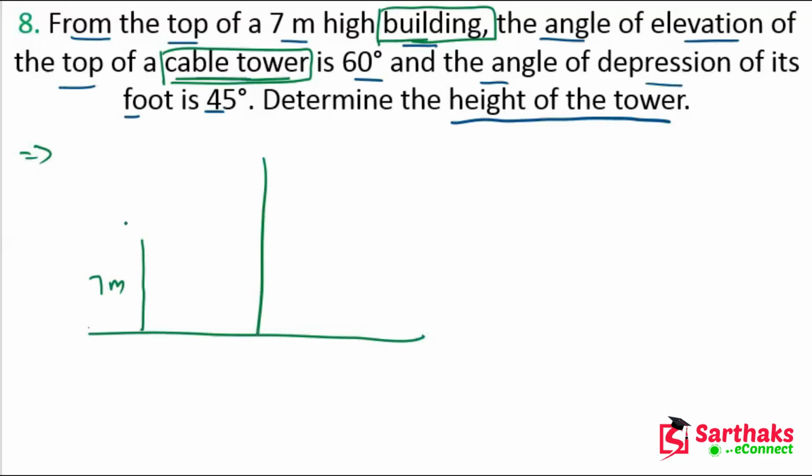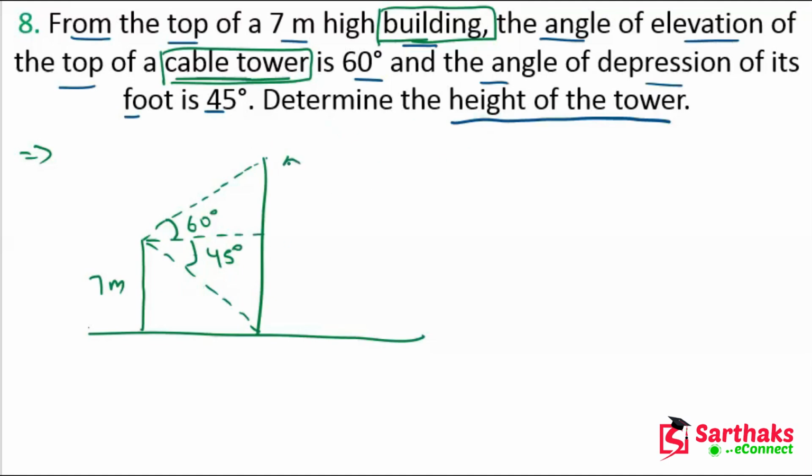Okay, so now what is the elevation? The elevation from the top of the building to the top of the cable tower is 60 degree, and the angle of depression of its foot is 45 degree. So this is our angle of depression, which is 45 degree. Now determine the height of the tower.